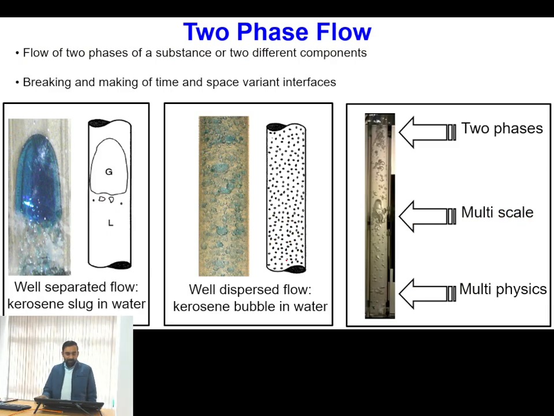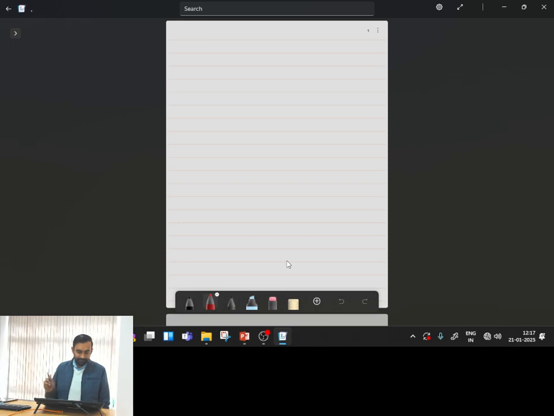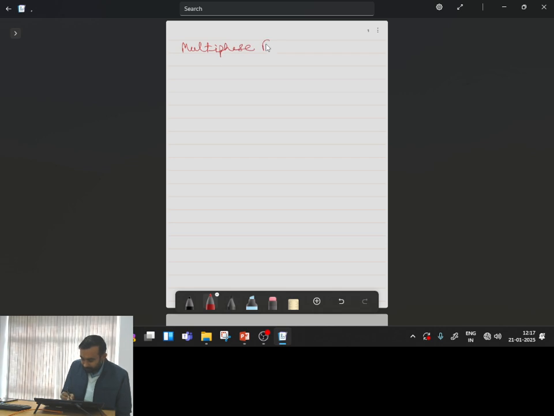So let's now understand what is multi-phase flow. Can you give me some idea what is multi-phase flow? And a special version of multi-phase flow is something which is called two-phase flow.